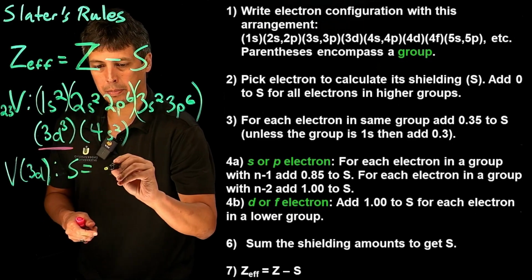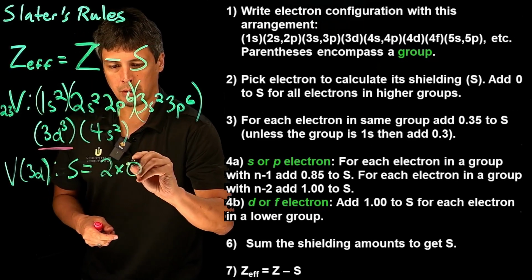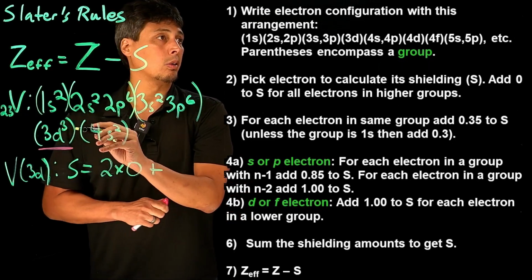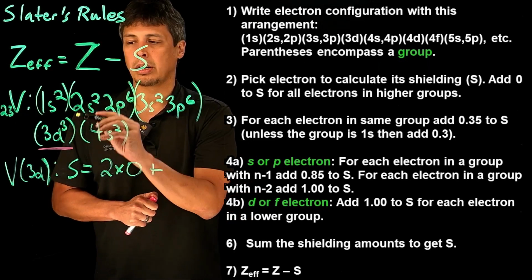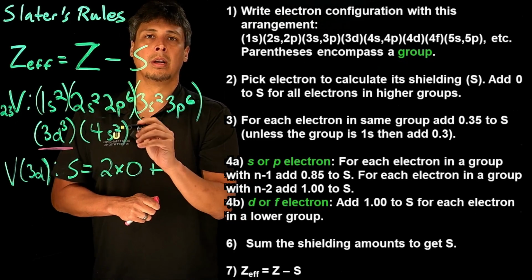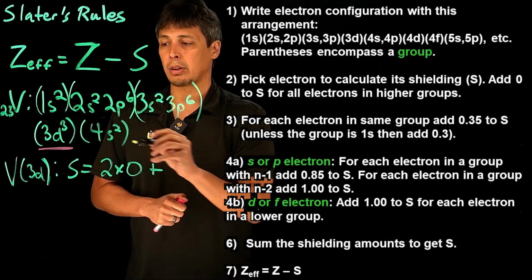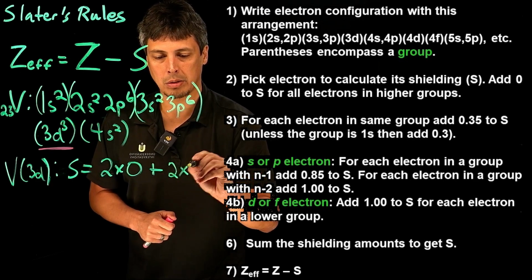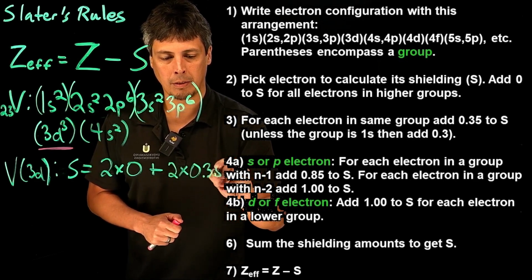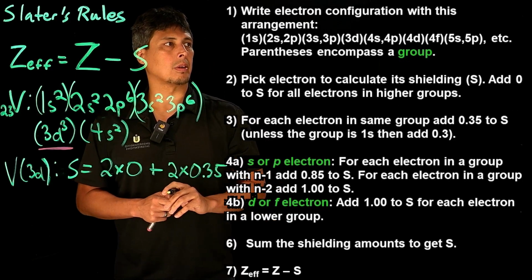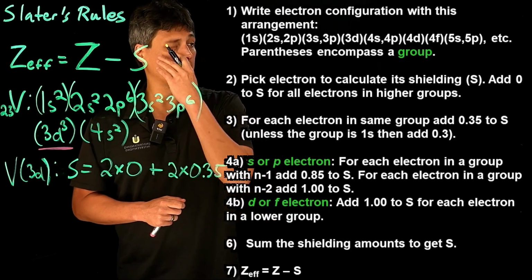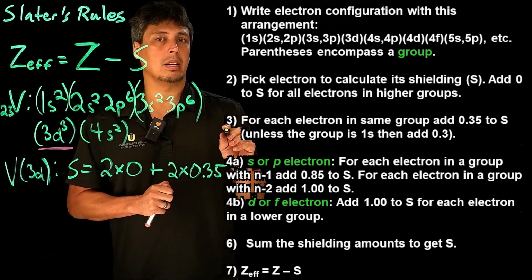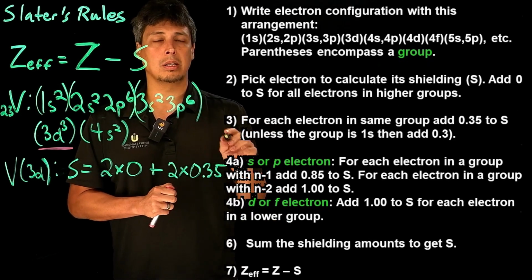So 2 times 0, plus, we're looking at the shielding of an electron in the 3d orbital, and there are 2 other electrons within this group. So we're going to add 2 times 0.35 to the shielding constant. The next rule depends on whether we're using an s or a p electron, or a d or an f electron.